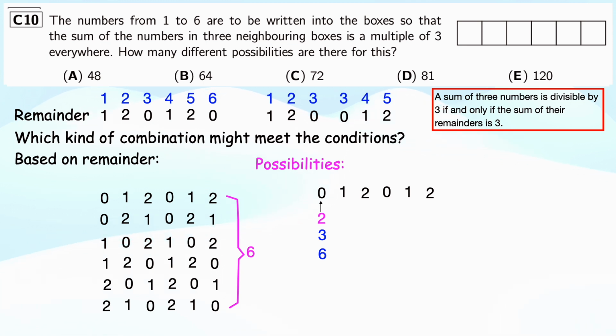So there are 2 possibilities. The next second number also has 2 possibilities, because 1 and 4 are possible. The next one has a remainder of 2, so there are also 2 possibilities, either 2 or 5. Now there's a trick. How many possibilities does the fourth number have?